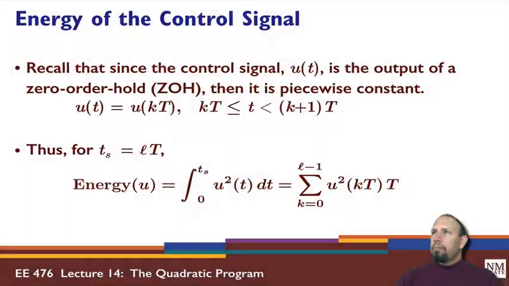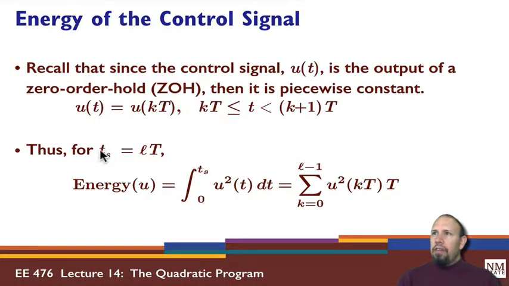All right, so recall that our control signal u of t is the output of a zero order hold. That is, it is piecewise constant. We've seen that it's like a stair-step function, right? So basically u of t is a constant in the interval between sampling periods. This is the mathematical way of describing that.